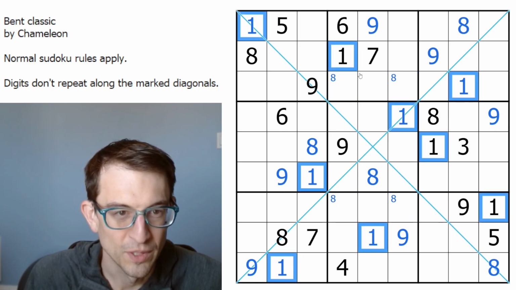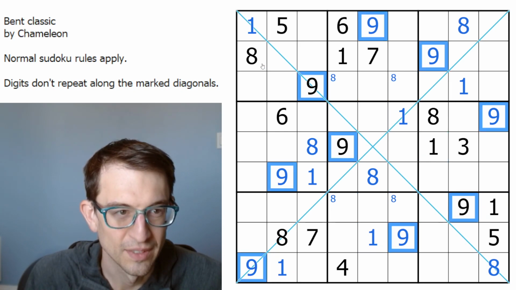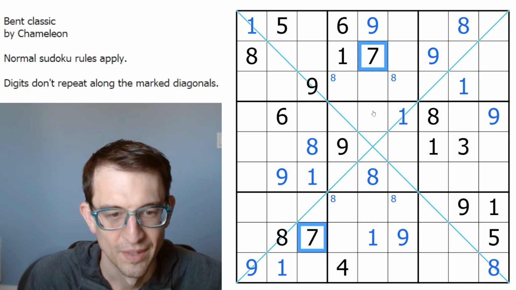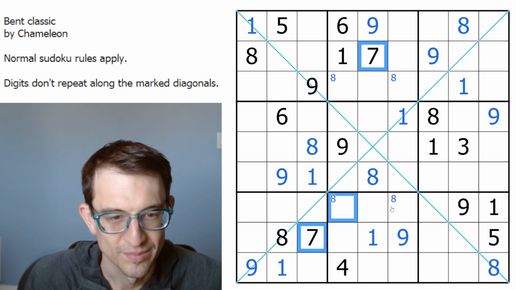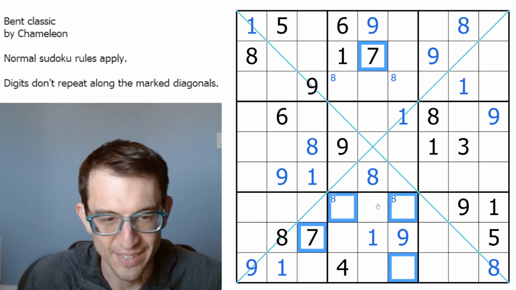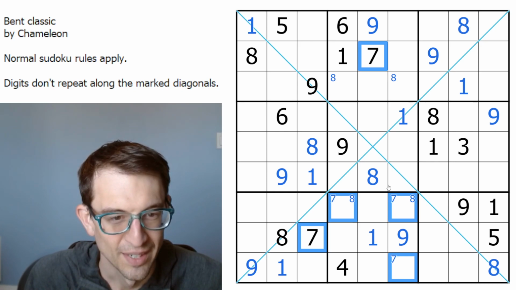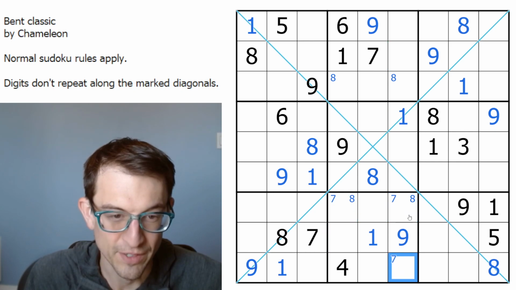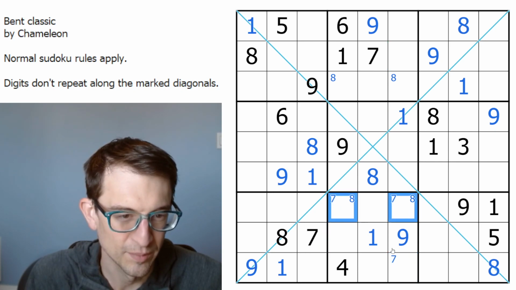Let's see, our 1s are done, 9s are done, 8s are almost done. Now 7s. I'm looking here because of the 8s. I actually am going to mark that. Maybe I shouldn't, but only because of the way that 7 will interact with the 8s. Right, so if I can get rid of that 7 and have a 7-8 pair here.